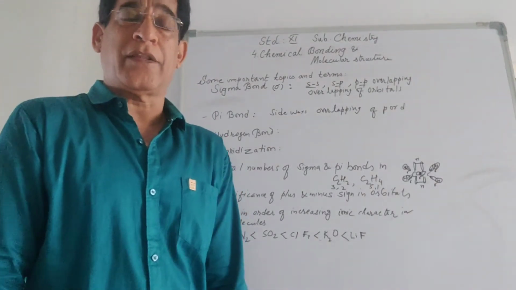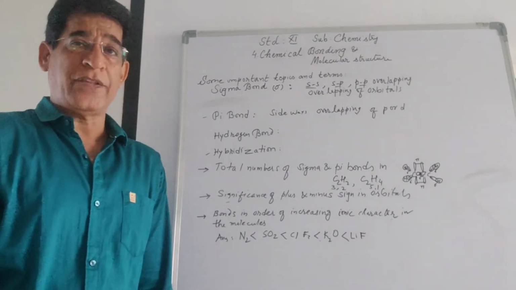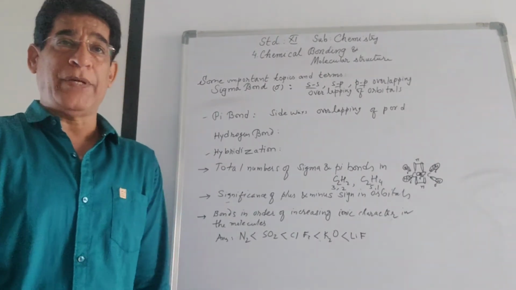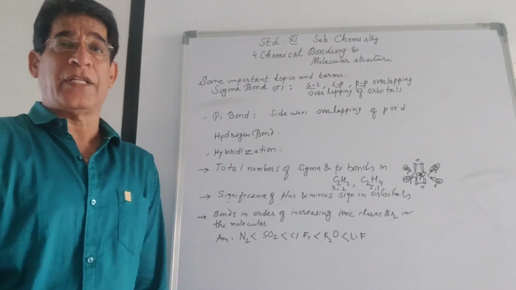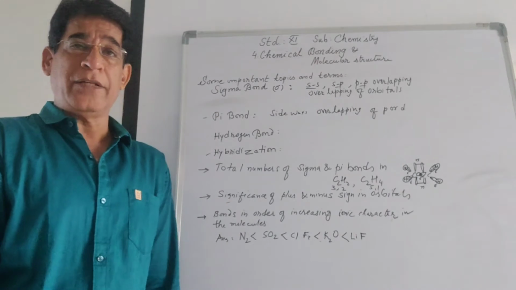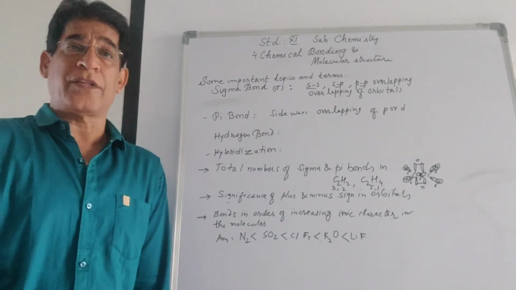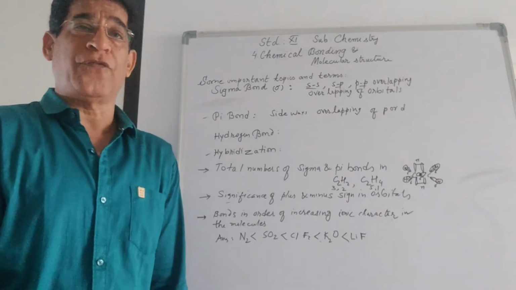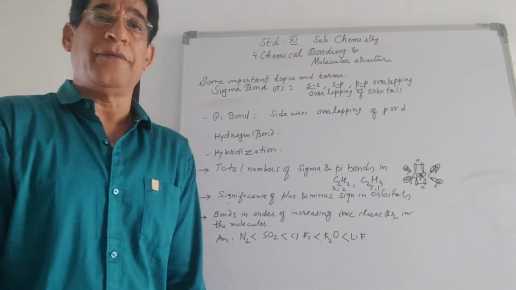Molecular orbitals are represented by wave functions. A plus sign in an orbital indicates a positive wave function, while a minus sign in an orbital represents a negative wave function.